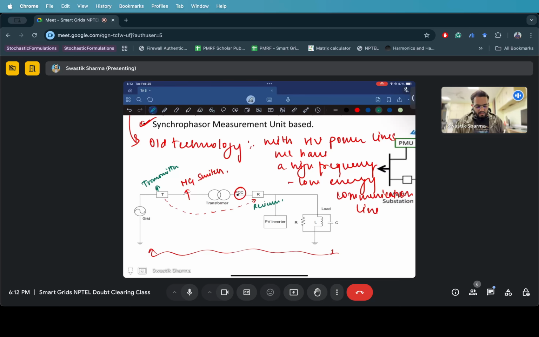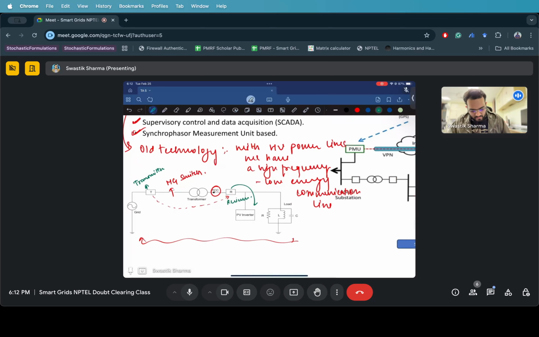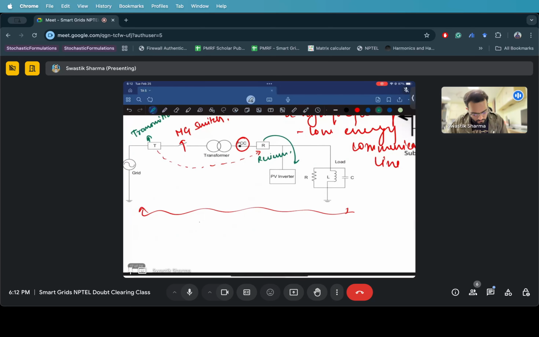This receiver will convey this to the inverter, that we are now operating in islanded mode, and that you have to regulate the voltage and frequency on your own. So this is a form of signal produced by disconnect, where we use communication infrastructure to send in signals.